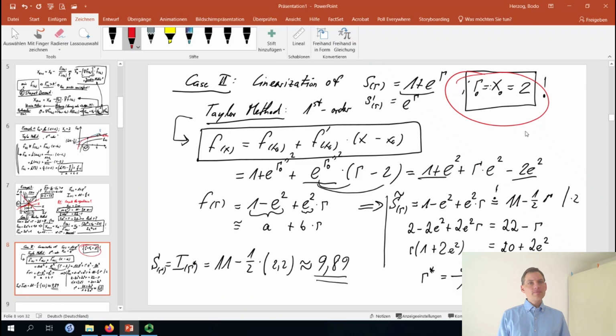Okay, that concludes my two examples. I think now you should be ready to linearize functions and to calculate the steady state or the equilibrium point of supply and demand, or investment and saving curves, which are in economics nonlinear in general.